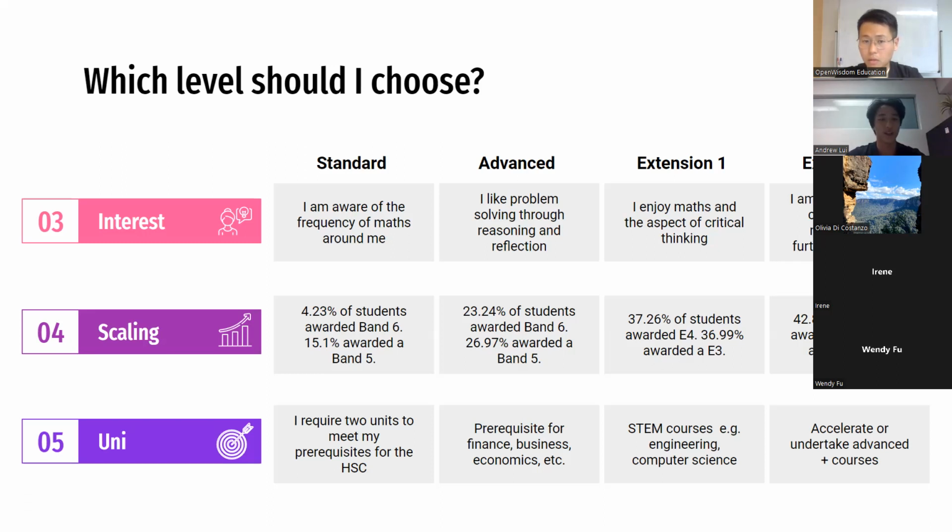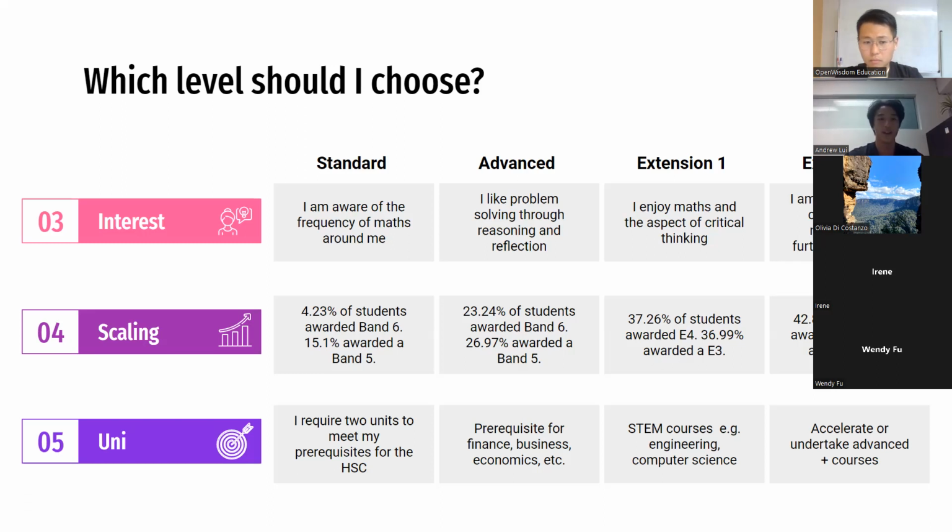Quite a small percentage relative to the others of students are awarded a band 6 at around 4%, and then 15% awarded a band 5. As you get higher from advanced to extension 2, we have a larger percentage of students who achieve a higher band. But as with science and with English, that doesn't always mean that you should necessarily pick it. It also just means that it's much more difficult. You need to put in the time, you need to put in the effort.